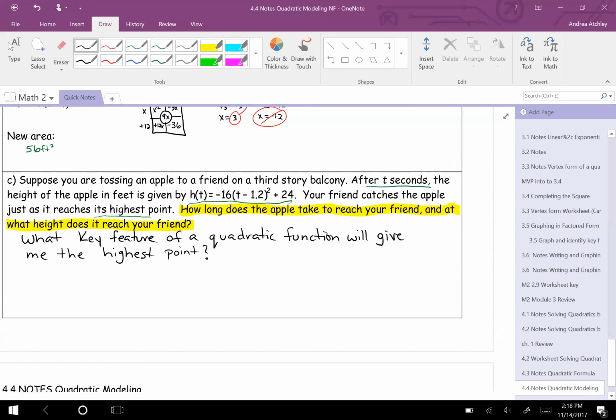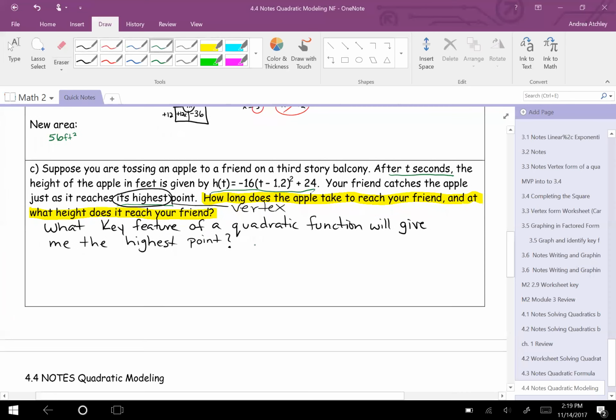Key feature. Is it the x-intercepts, the y-intercepts, the vertex, what is it going to be? The vertex, right? The vertex is the highest point on your graph, or it could be the lowest point. So whenever you see highest point, maximum, minimum, lowest point, you should be thinking vertex. And so this is what it's saying, vertex.